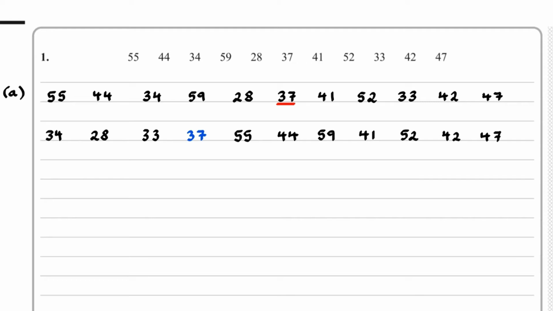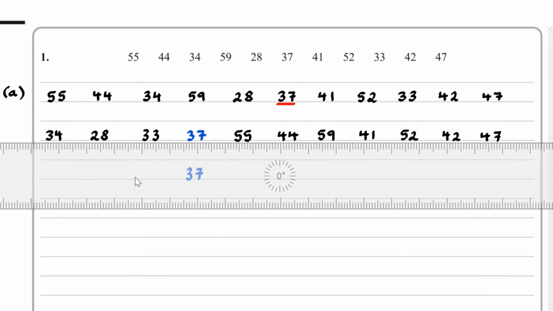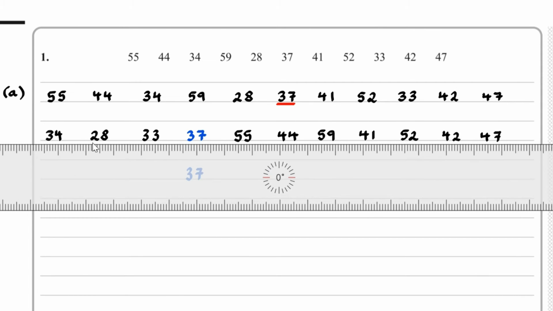Now before anything else, the 37 remains where it is. And from this sublist, we can identify the pivot to be 28. And from this sublist, we can identify the pivot to be 41.